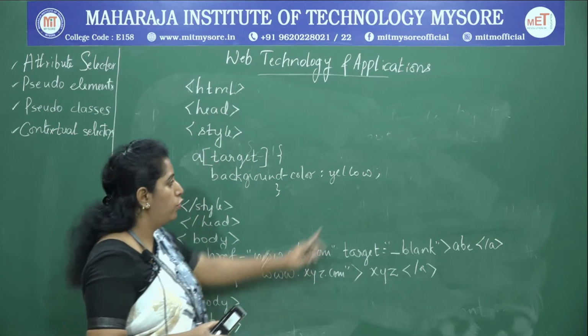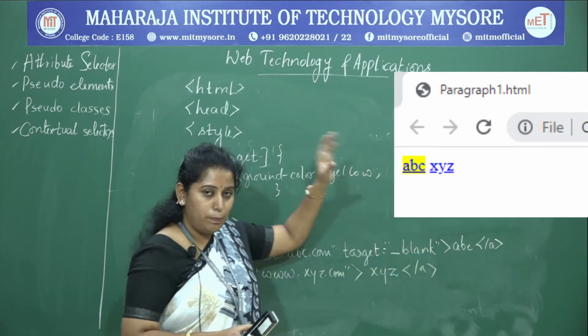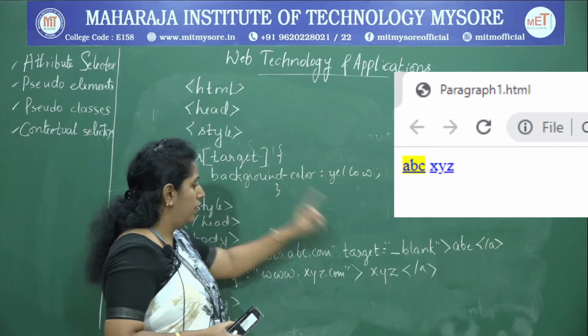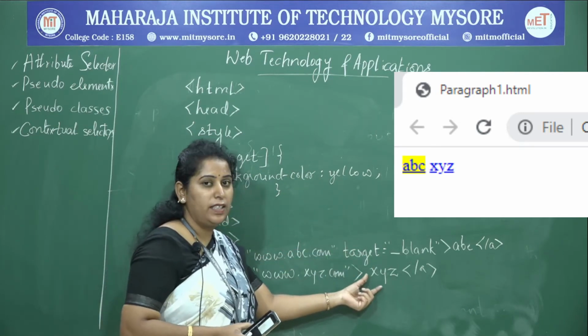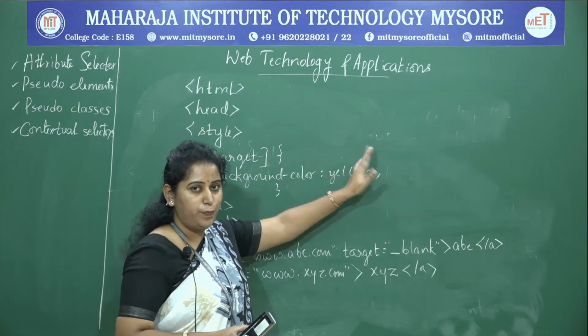Once you run this program, you can notice the output screen where the title ABC is printed with the background color yellow, since it is matching the property, whereas XYZ is printed as it is. Understood?